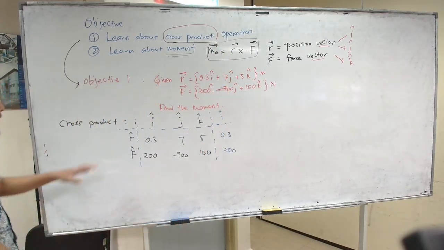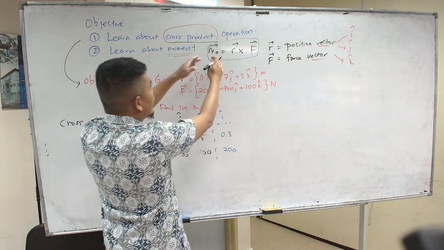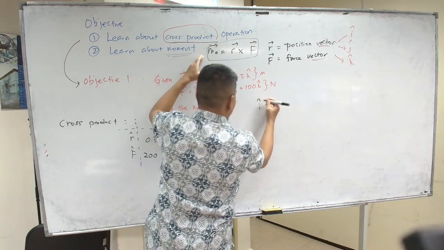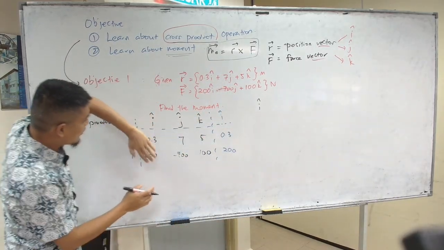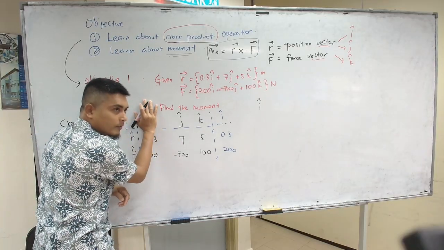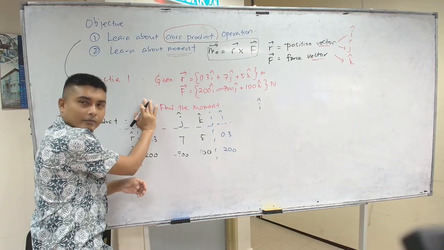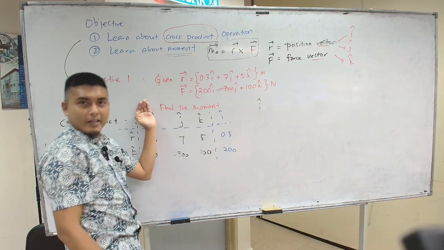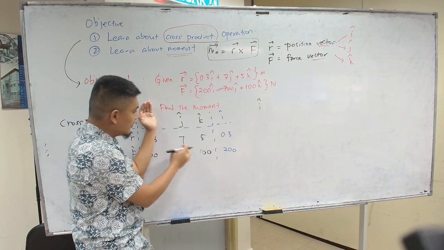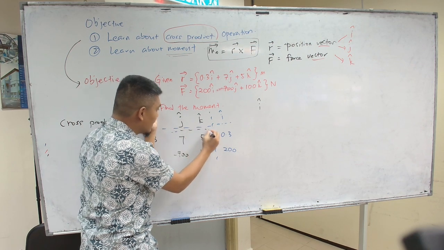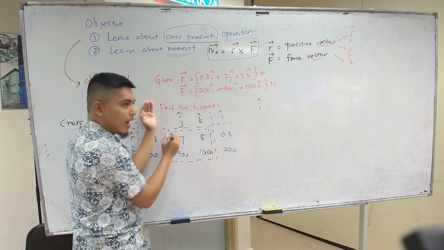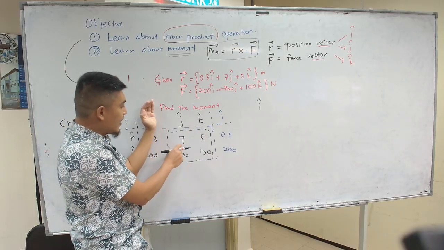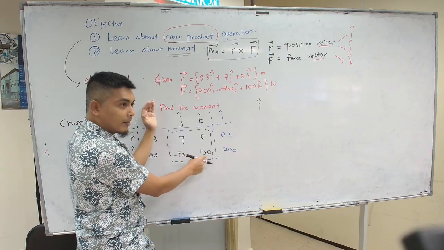Now, if you want to find the I direction for the moment, you just close I, because you want to find I. Then next to I, you have 7. You find a square box after the I. So you find 7, 5, negative 700, 800.